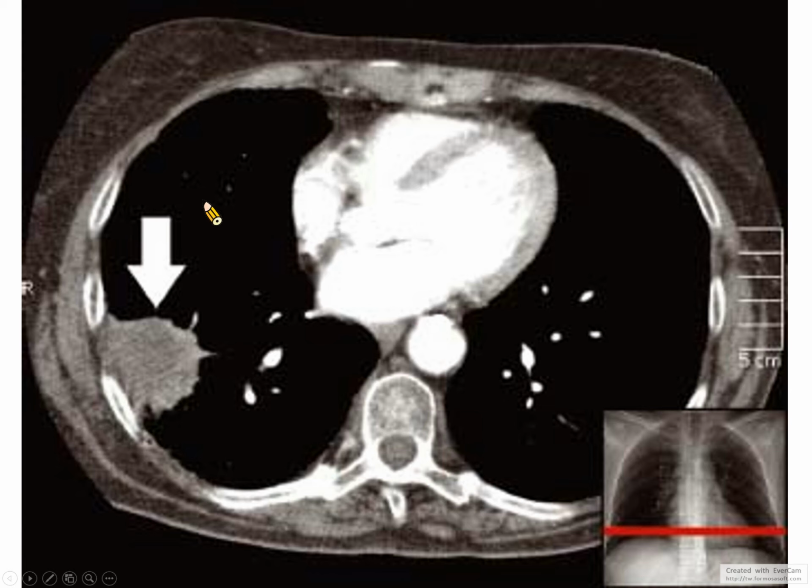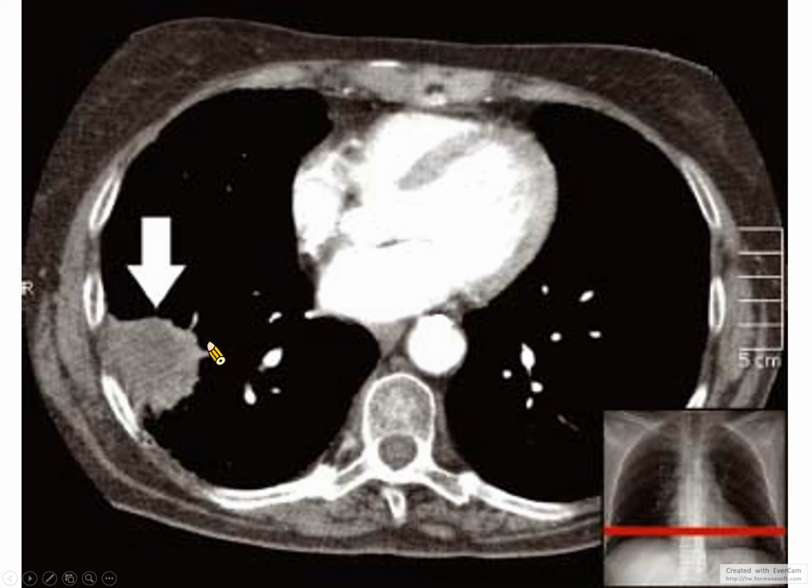So the resolution of the CT is much higher, and it gives more insight into the three-dimensional anatomical representation of your body. So it's very easy to see that in this section, there's a tumor attached to the pleura and growing into the lung organ.